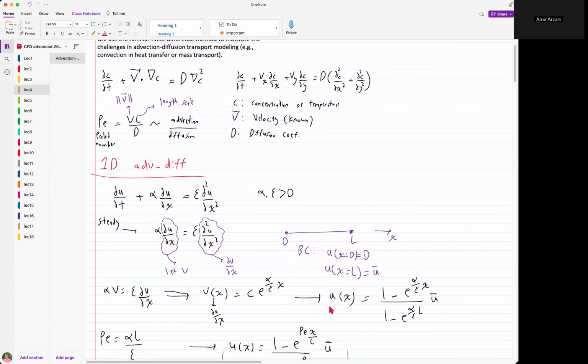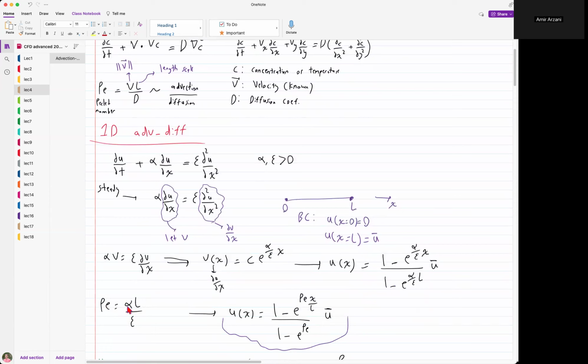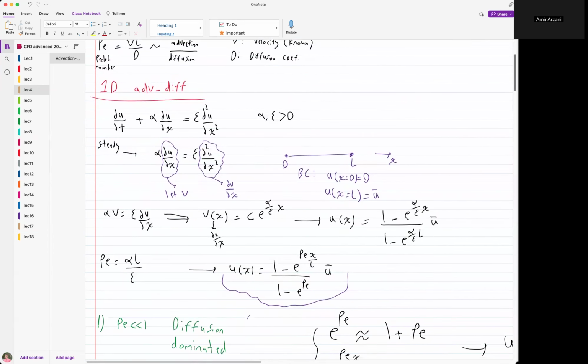This is the analytical solution we find, which is written in terms of the Peclet number, which is alpha, the velocity, times L, the length scale, divided by epsilon, the diffusivity. Here u bar is the solution on the right side. We're assuming the Dirichlet boundary condition is 0 on the left boundary, x equals 0, and at x equals L, it's u bar.